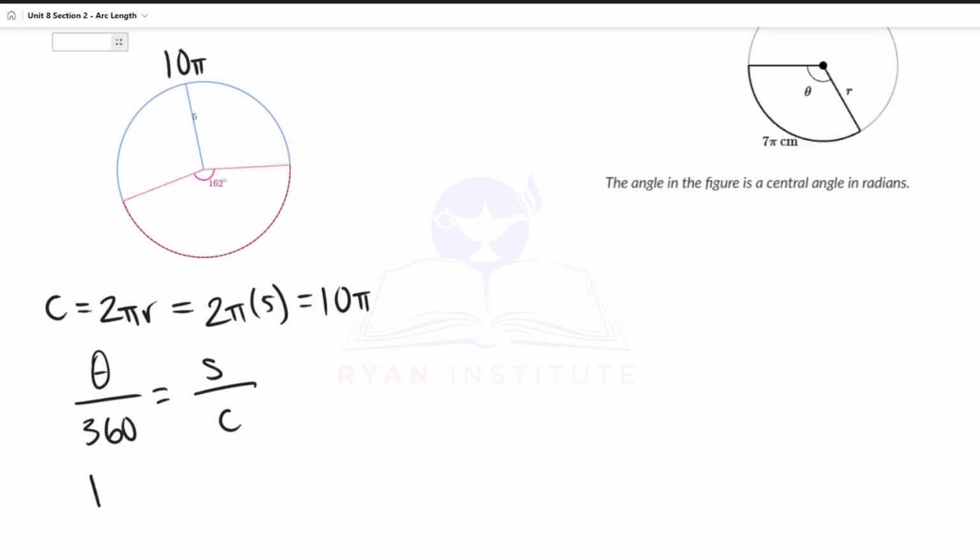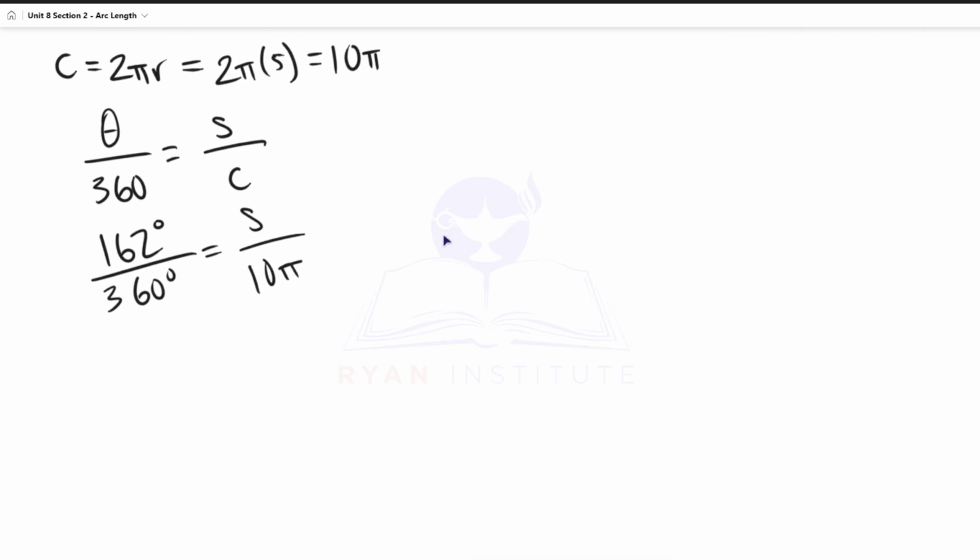And so we're given the angle, 162 degrees over 360 degrees, equal to, we don't know the arc length yet, but we do know the circumference, which is 10 pi. Right? And so now we have to get S by itself. We can first simplify this to be 9 over 20 equal to S over 10 pi.